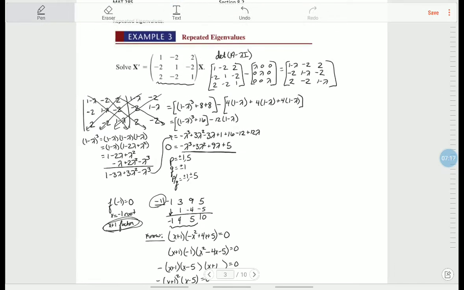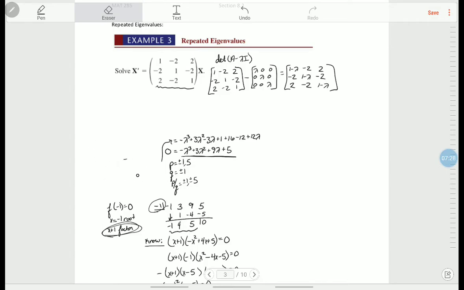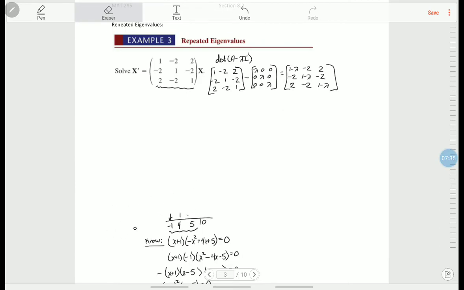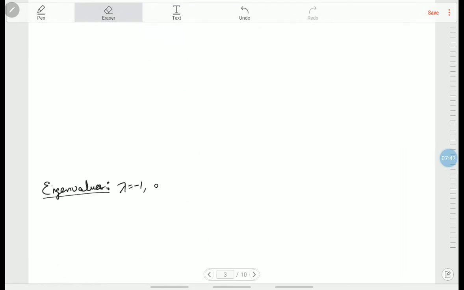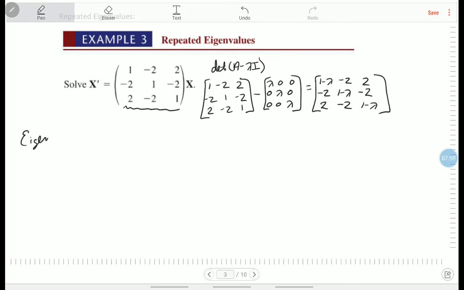I'm going to go back up here, and I need to create some space. So let's start with the -1.